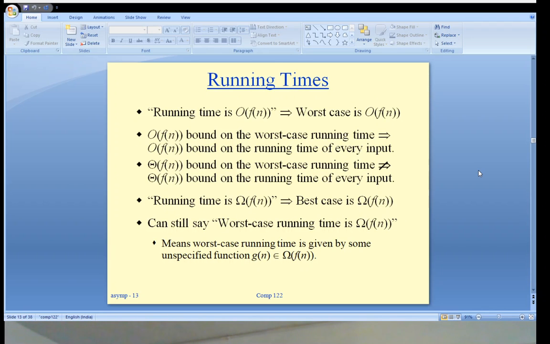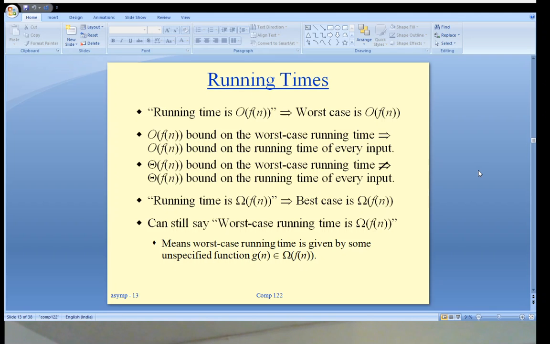The running time when a function is bounded by the upper bound is called the worst case. Basically, the big O notation is used to bound the worst case scenario, and big O of f(n) is bounded on the worst case running time.